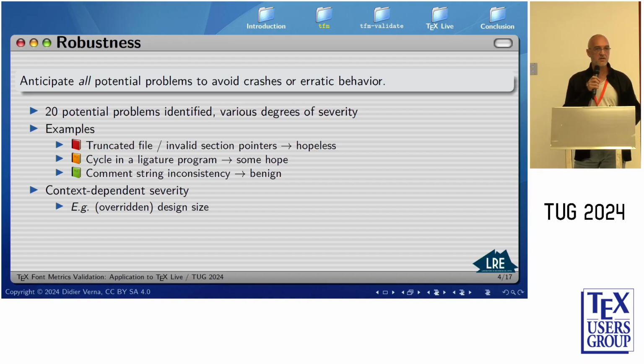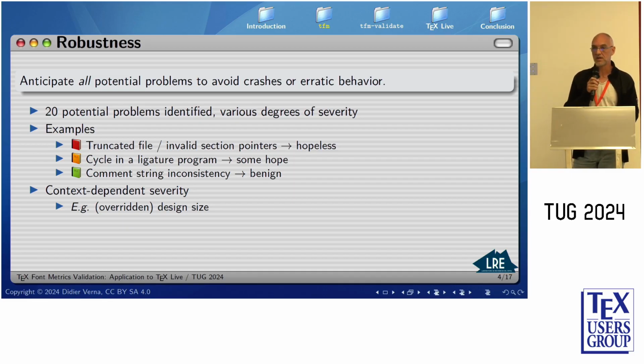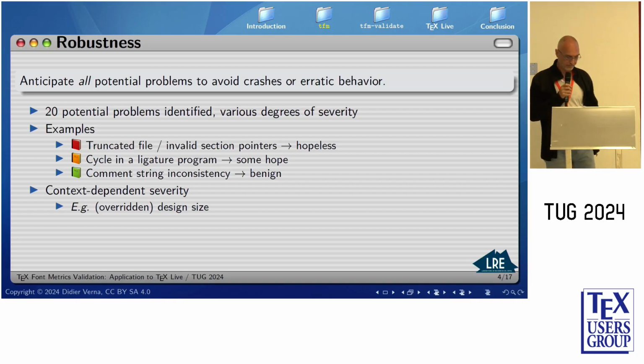Then in that case, the fact that the original design size is wrong is not so much of a problem as before, because you're not going to use it. So in that particular situation, for instance, the TFM library will issue a warning if the design size is overridden by the user with a correct value, but otherwise it will trigger an error. Okay? So that's it for robustness.